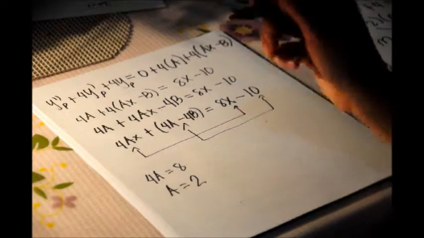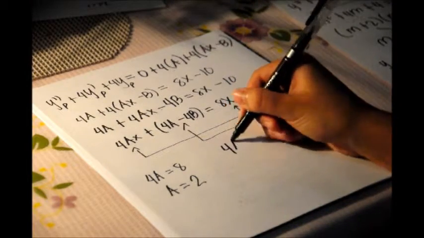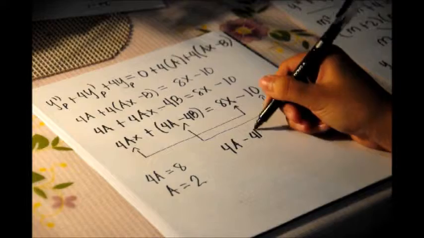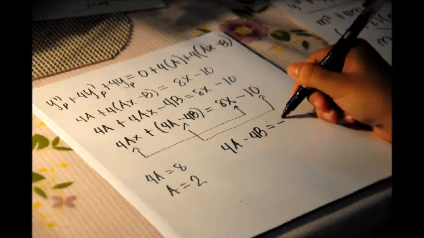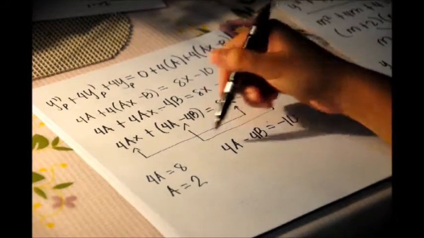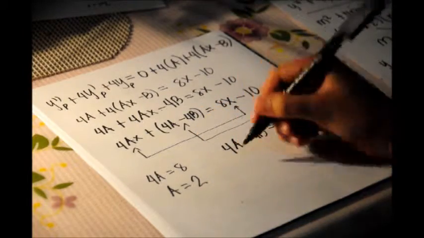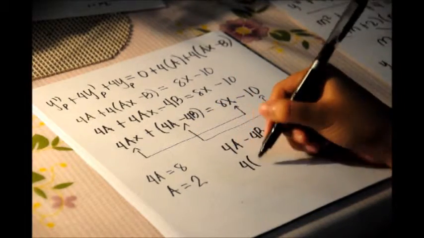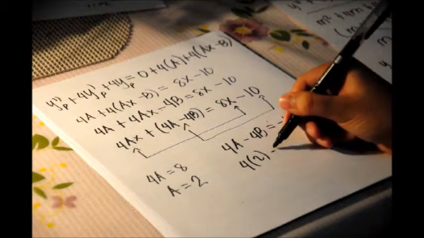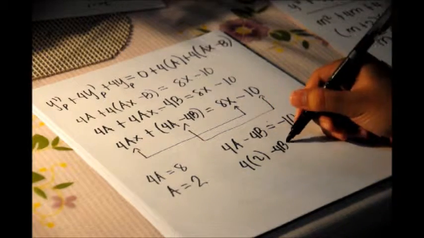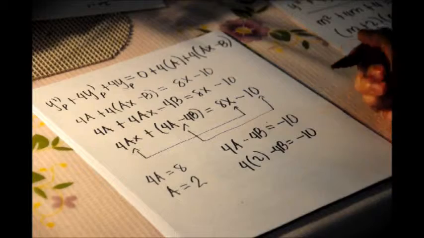On the other hand, 4A minus 4B is equal to negative 10. These were from the constants. So now let's substitute the value of A. So now it becomes 4 times 2 minus 4B is equal to negative 10.